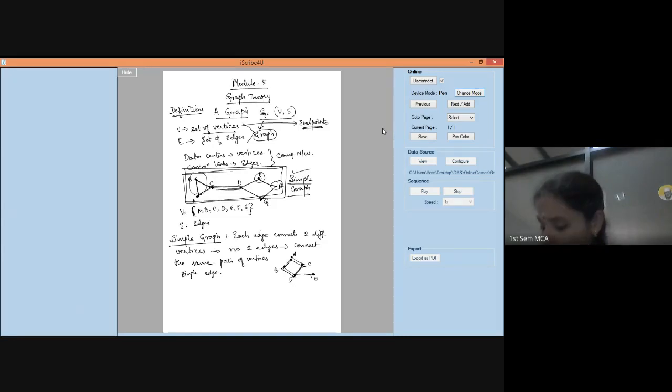We have another type of graph, which you call multigraphs. All these definitions and notes I will be passing on to you, so don't worry about that. What do we mean by multigraphs? Graphs that may have multiple edges connecting the same vertices.